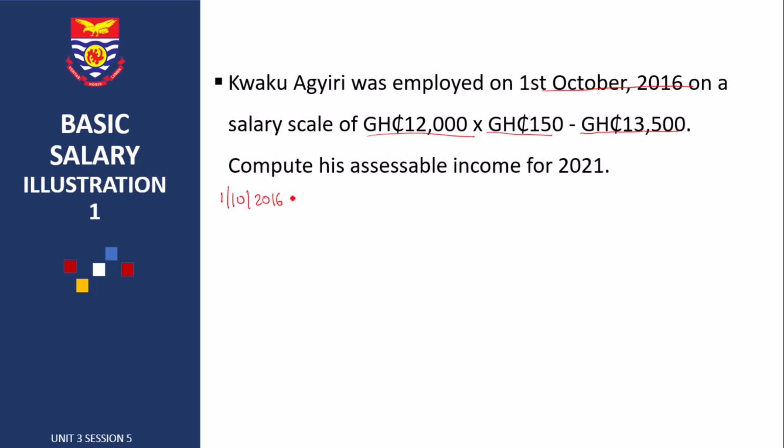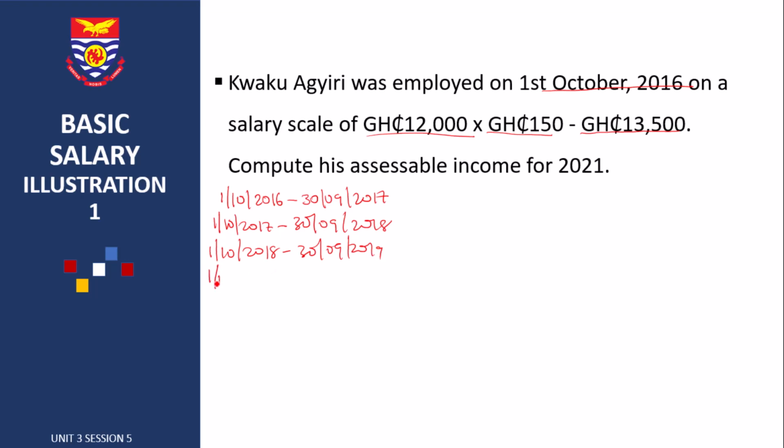So from 1st October 2016, the year will end at 30th September 2017. Then the following year, we have 1st October 2017 to 30th September 2018. 1st October 2018 to 30th September 2019.